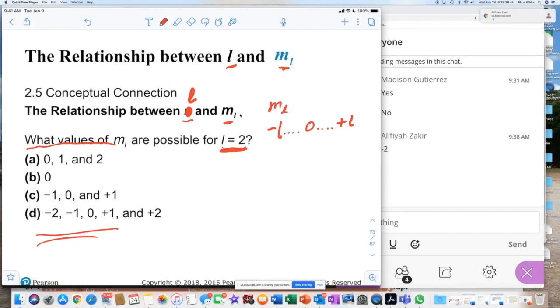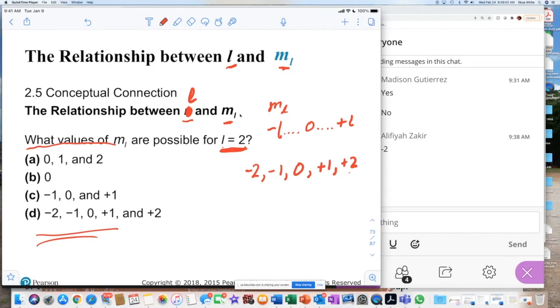Right, so you're starting with negative 2, and each time you're adding 1 until you end up at positive 2. Negative 2, add 1, you get negative 1. Add 1, you get 0. Add 1, you get positive 1. Add 1, you get positive 2, and then you check: are you at the positive L value? Yes, then you stop.